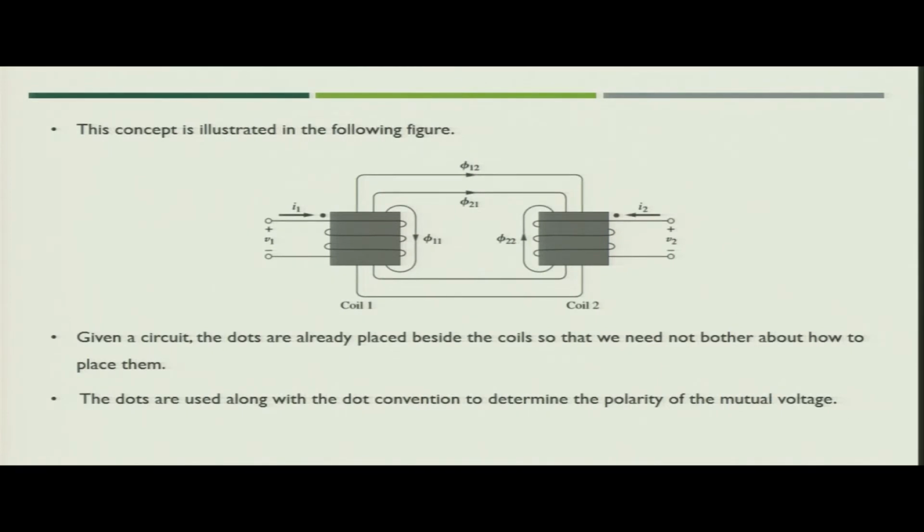Now, let us understand this particular concept with the help of this figure. Here, if you see, the current I1 is entering the dot. The orientation, if you see, the coil is wound like this.